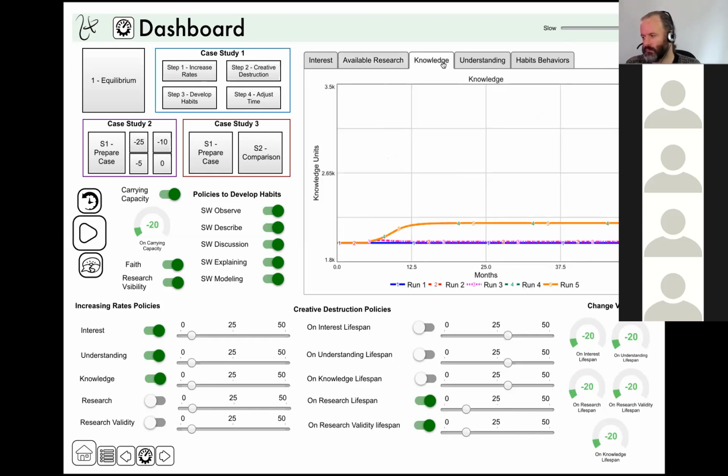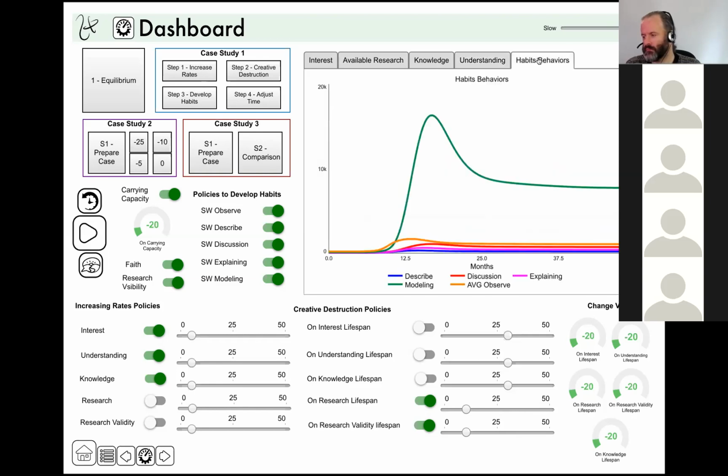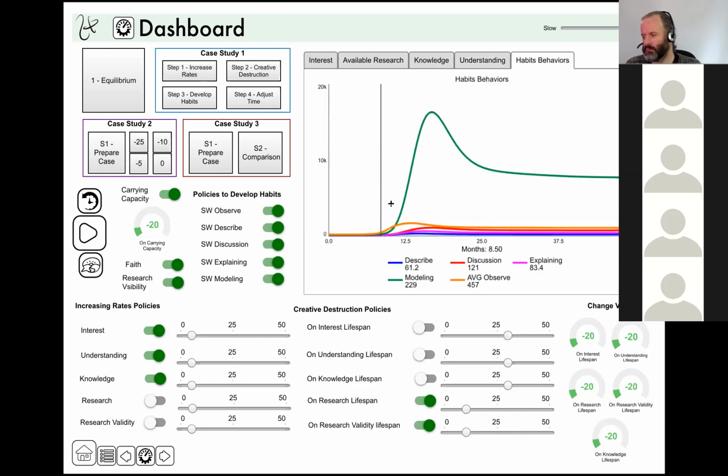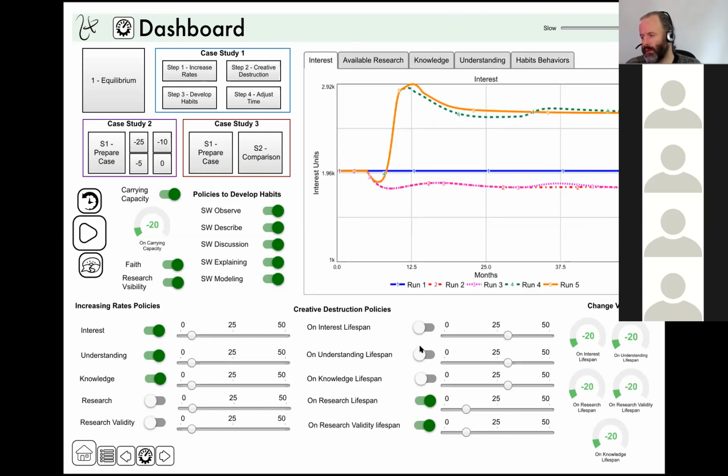This is what happened with knowledge, and this is what happens with understanding. The habits and behaviors, so we can move out all the variables. We can turn it off and on.